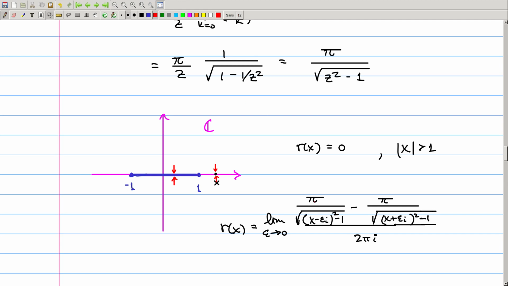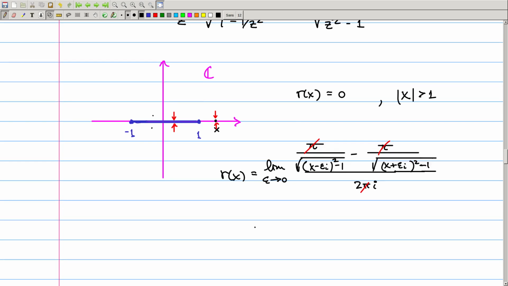Now obviously the pi's cancel out, and the interesting thing here is that the way the function changes from up here to down here is by a minus sign. So this whole thing up top is really giving me the limit as epsilon goes to 0 of 2 times this quantity.